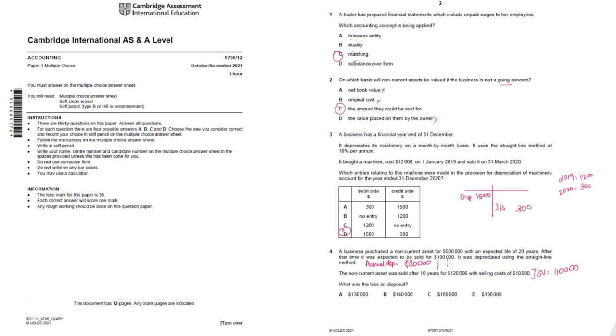So 10 years depreciation will be 20,000 into 10, 200,000. So the net book value at the time of selling would be 500 minus 200, 300,000. Comparing that to 110,000, there is a loss of 190,000. So 4D.